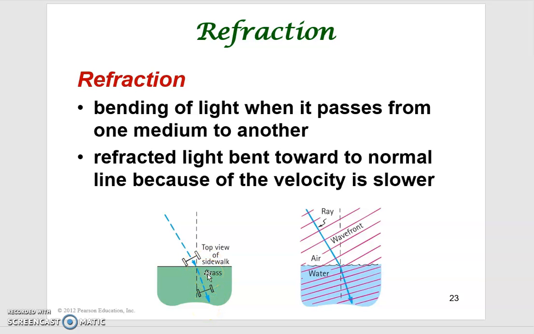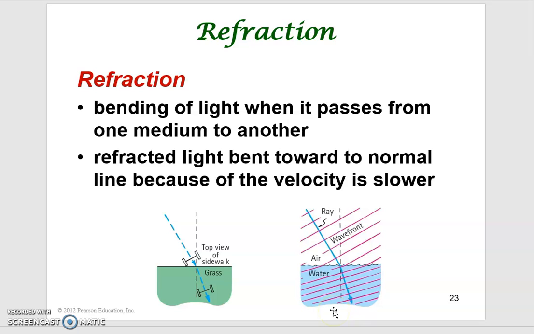So this is not refraction, but you can use this as an analogy to understand the concept of refraction. It happens when the light passes from one medium to another, no matter from the air to the water or from the water to the air. And the second important fact is that the light will be bent toward the normal line. So what is the normal line?